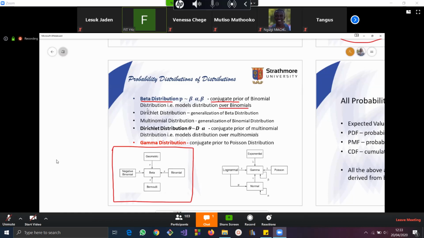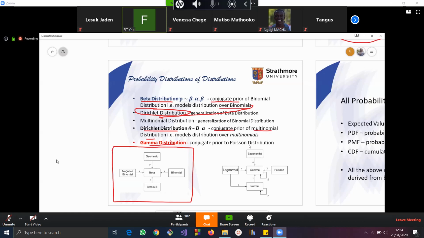The Dirichlet distribution is the generalization of the beta distribution, because from binomials, we usually move to multinomials. Then we say the Dirichlet distribution is the conjugate prior of multinomials, and we are going to use this a lot.